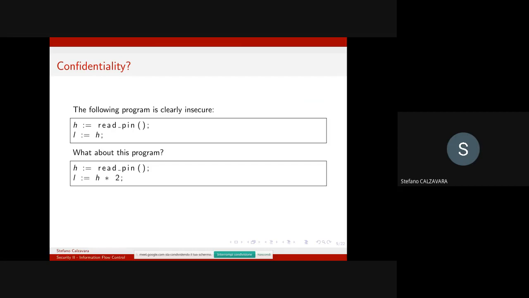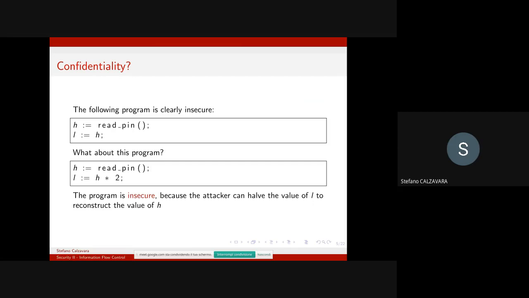This is insecure just as the first program, because once we run this program, the attacker can leak the value of the PIN just by halving the value of the public variable L. This kind of violation is typically called an explicit flow, because we have some private data which is put inside a public variable, and the content of the public variable is a clearly, easily invertible function of the value of the confidential data.